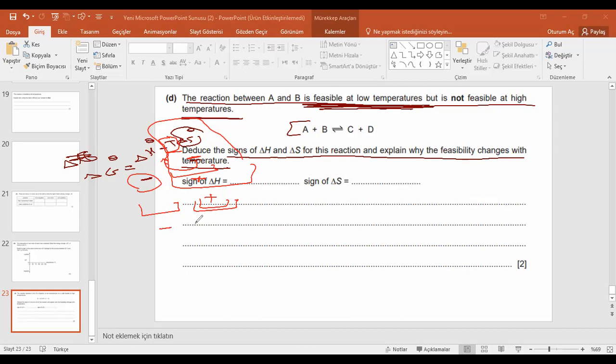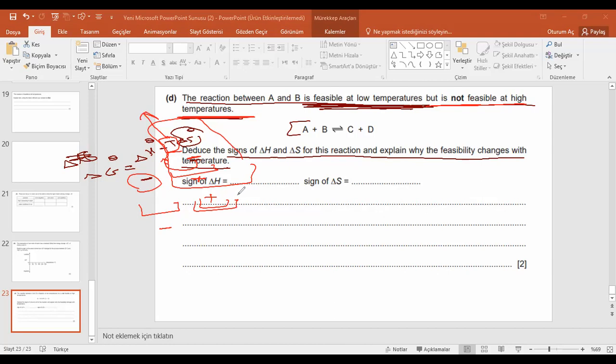But as you increase the temperature, the reaction is not feasible at high temperature. So if you increase this temperature, the reaction will not be feasible.